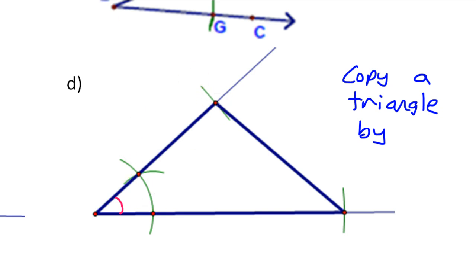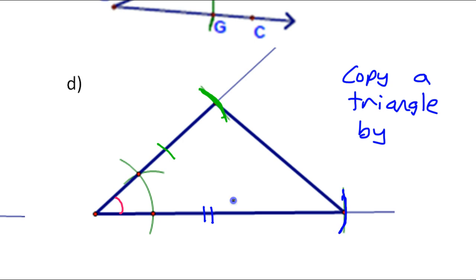Now looking at the other pieces, for example, this segment must have been copied because you can see the one arc. When you copy a segment, you only get the one arc. So this segment was copied here, and you see that this arc is centered on this point right here. So this segment must have been copied by using this arc to capture it. So what we have is a side, an angle, and a side.